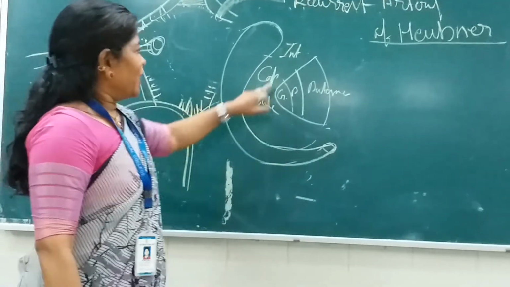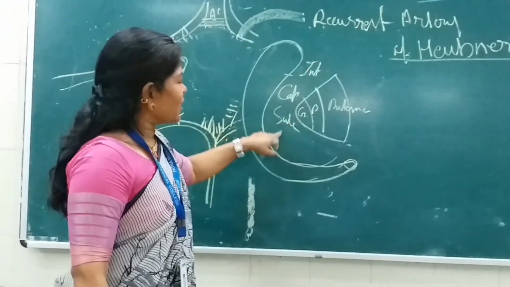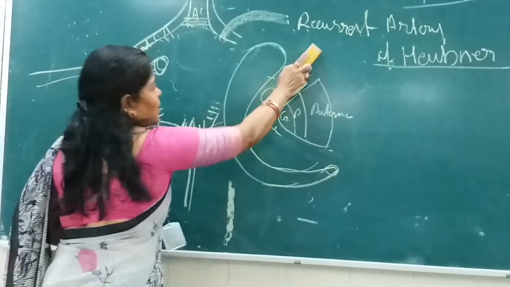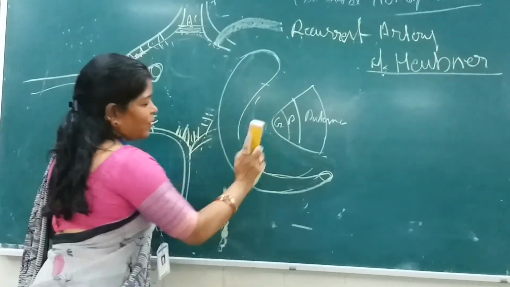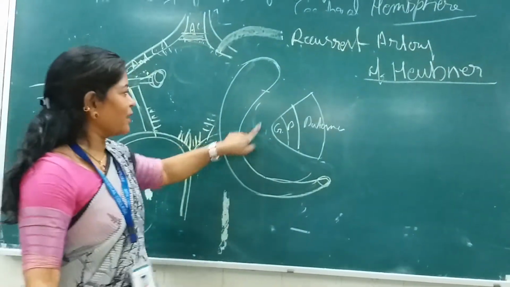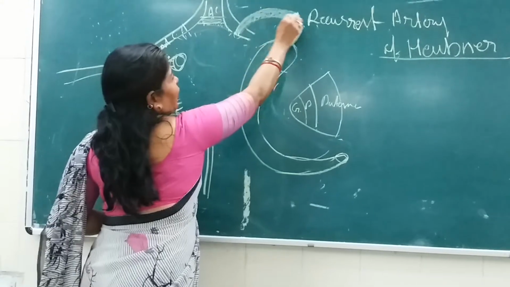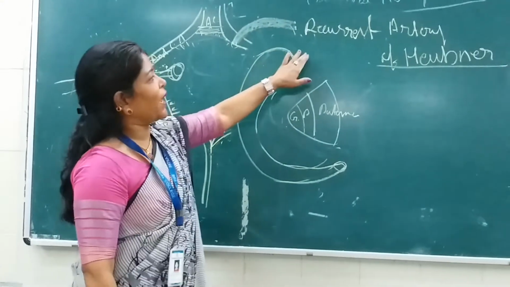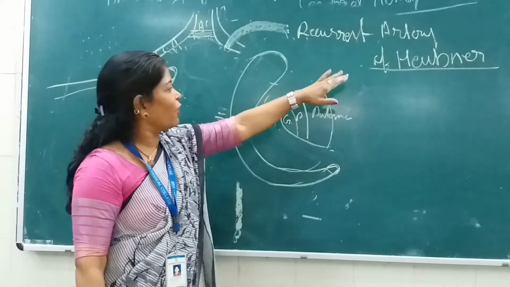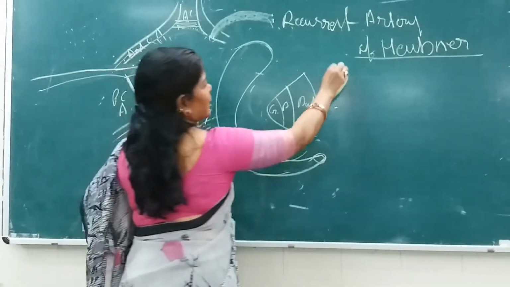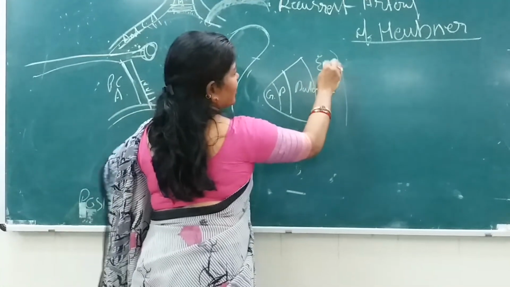It is V-shaped. We will read the internal capsule in detail later on. But look, what are the structures supplied here by the recurrent artery of Heubner? Just here is the internal capsule, then the outer part here will be the external capsule.